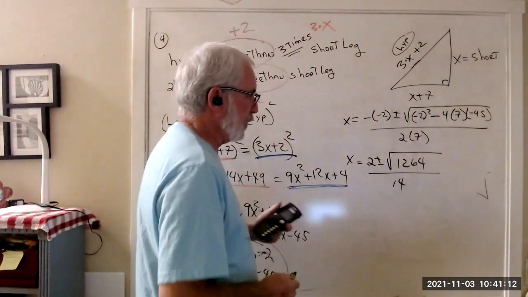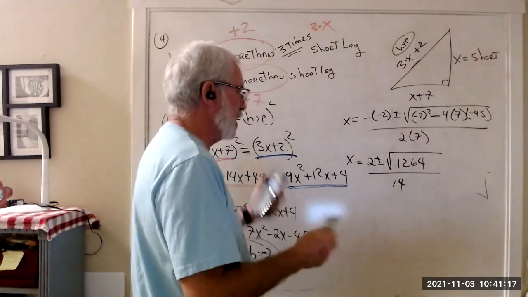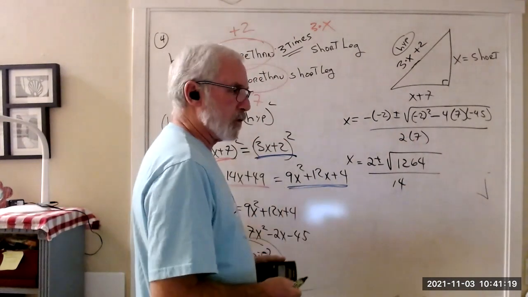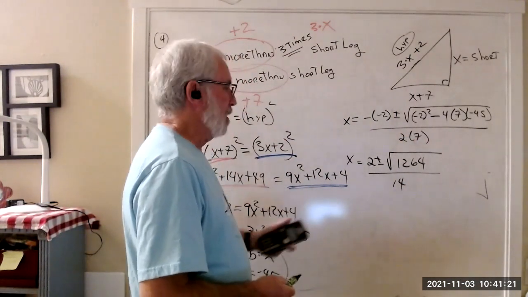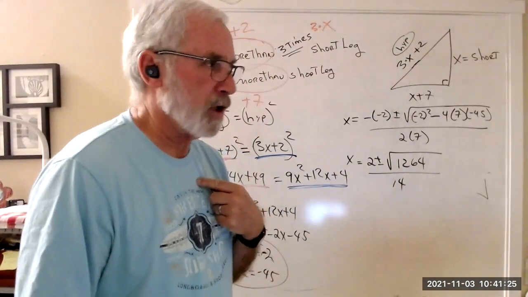Again, at this point, I wouldn't make my worst enemy try and simplify that. I just say now, go to your calculator. And here's the way I personally would do it.